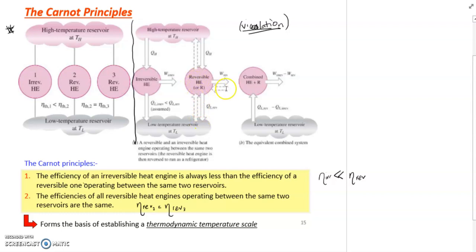But take note, you need to have both reservoirs, and you need to keep in check with the Kelvin-Planck and also the Clausius statements. That's all. You can read the details in the textbook, page 294. Thank you.